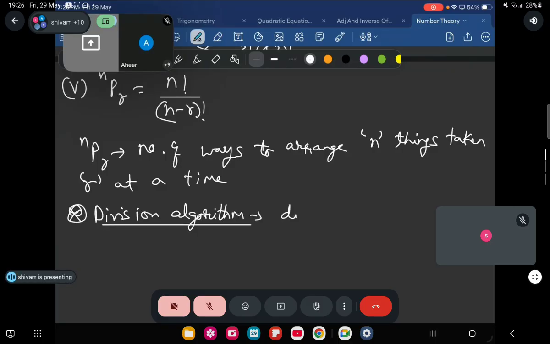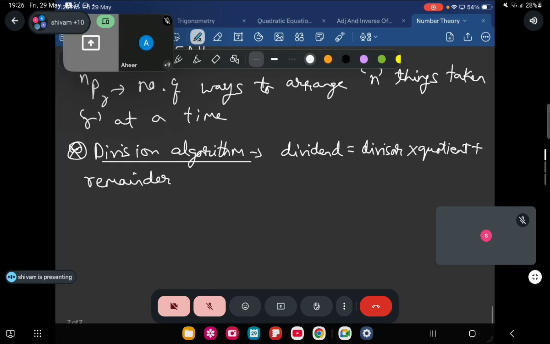That is, dividend is equal to divisor into quotient plus remainder. Dividend is equal to divisor into quotient plus remainder.